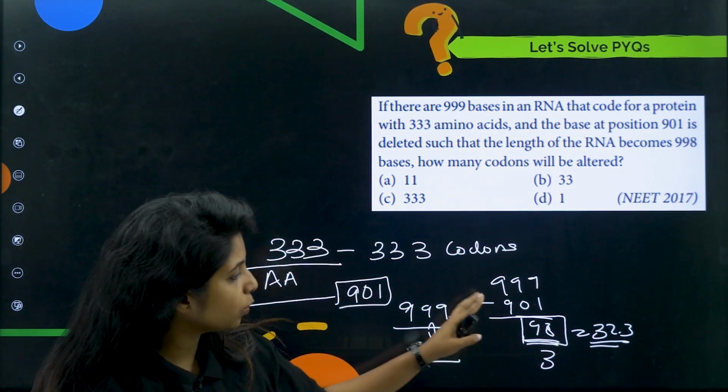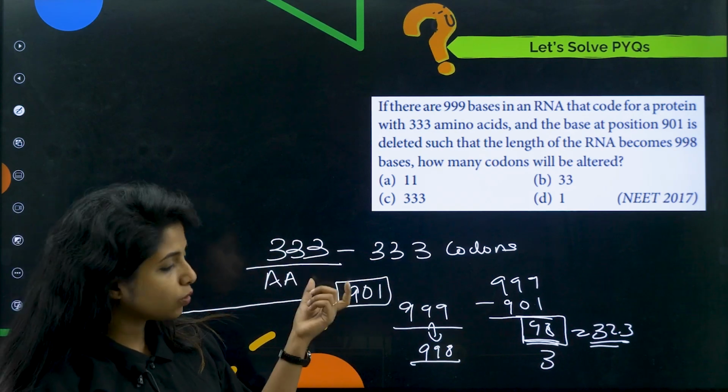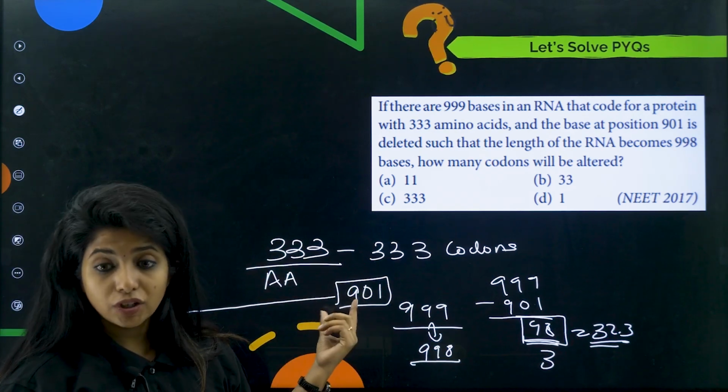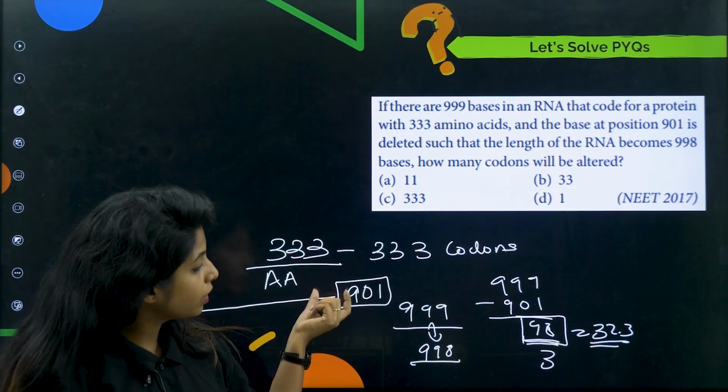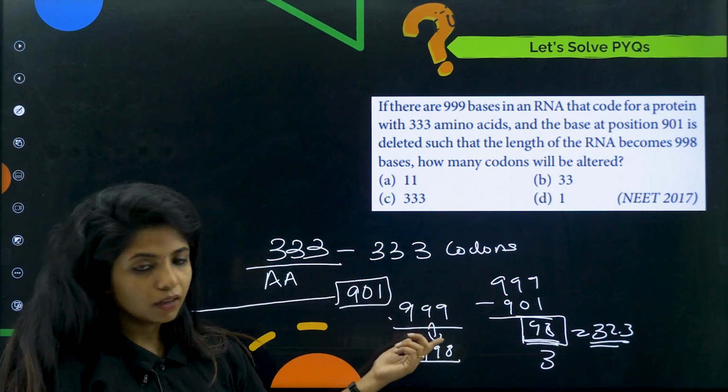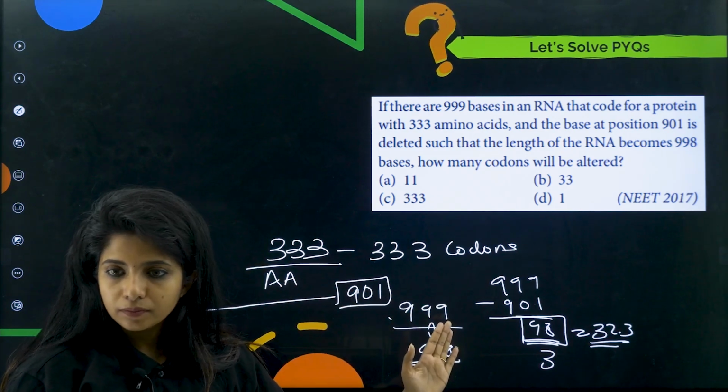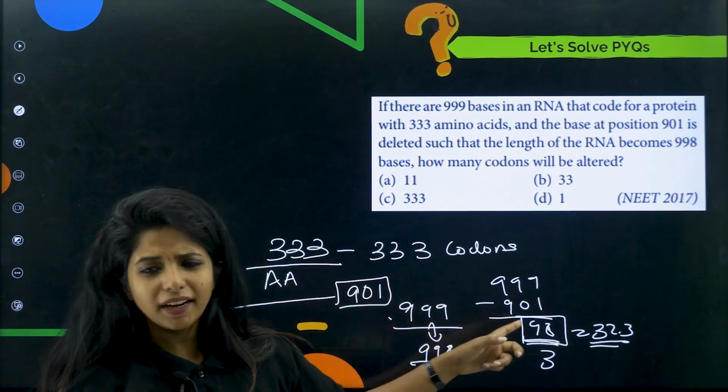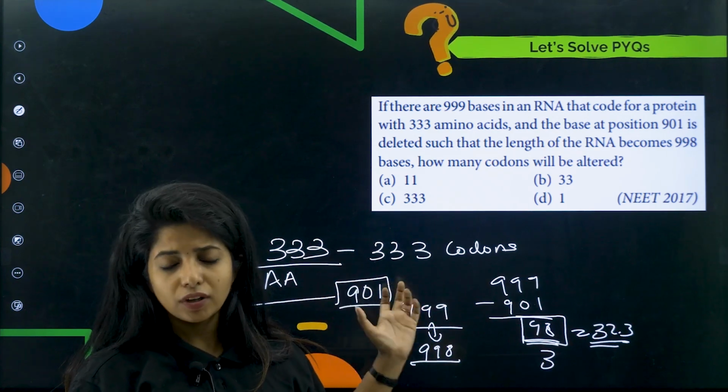Why did I divide by 3? Let me tell you. At position 901, I am removing one base. So from here to 999, everything will be changed. If I subtract, I get almost 98 nitrogen bases.